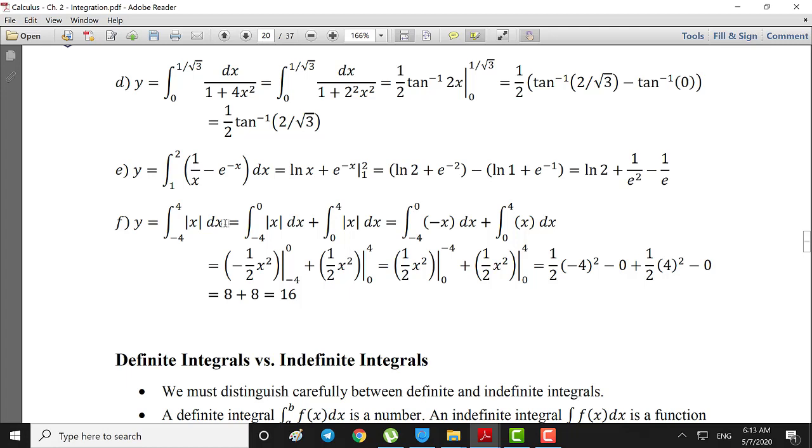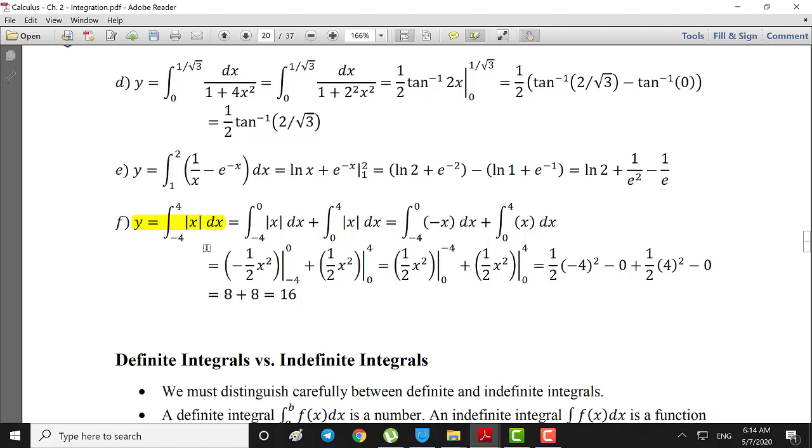This example is a little bit different from the other examples. What is the difference? We have to come up with an antiderivative for absolute value of x. But if we look at the antiderivatives table that we have, we don't have an antiderivative for absolute value of x.